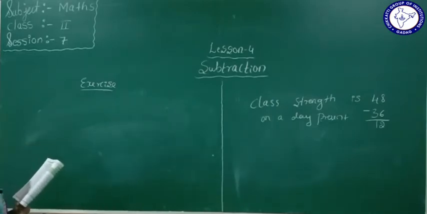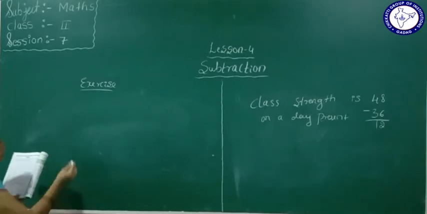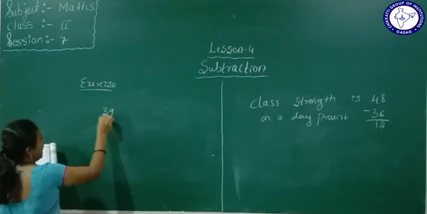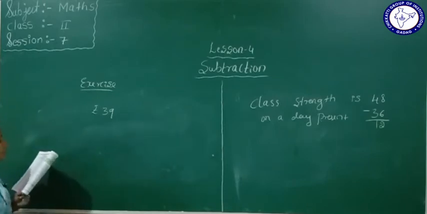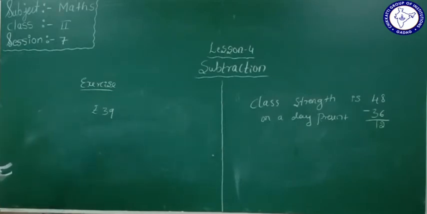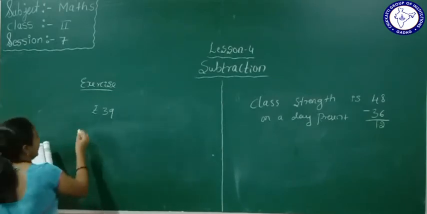First one, Ankita has ₹39. She had 39 rupees. She purchased a notebook for ₹18.